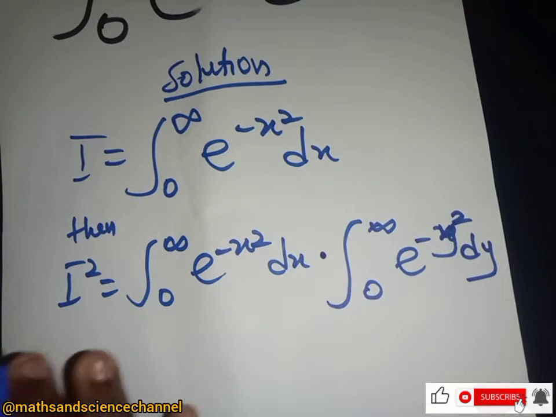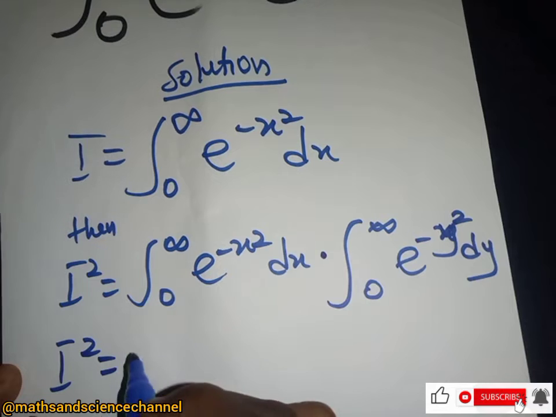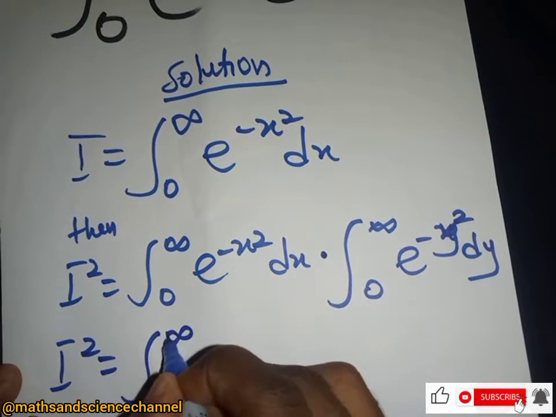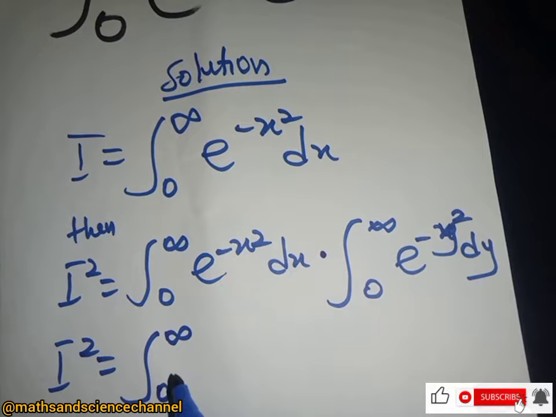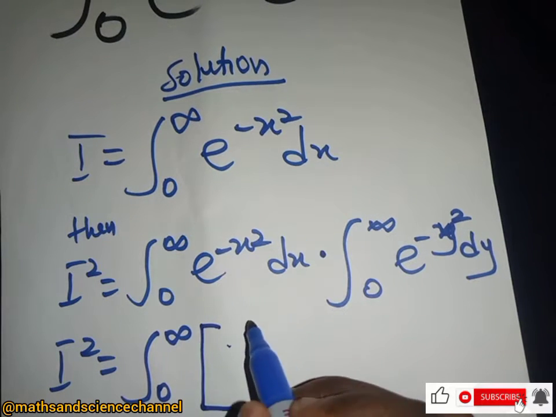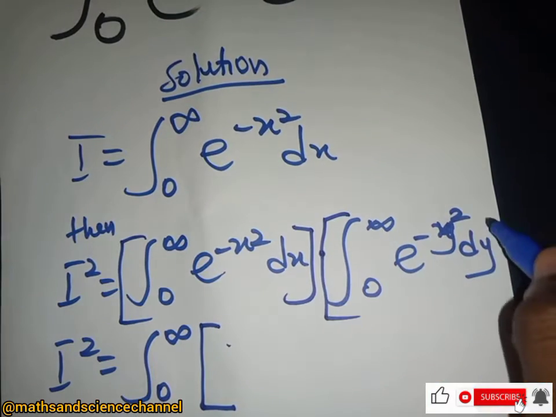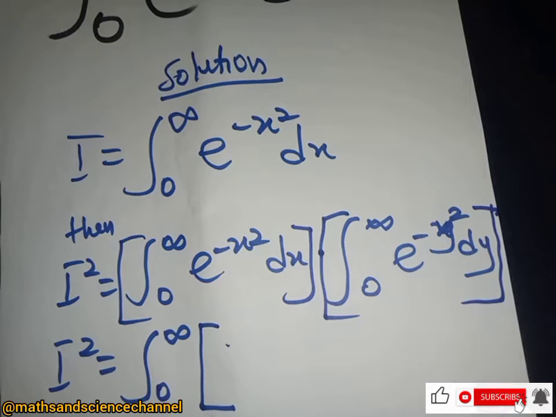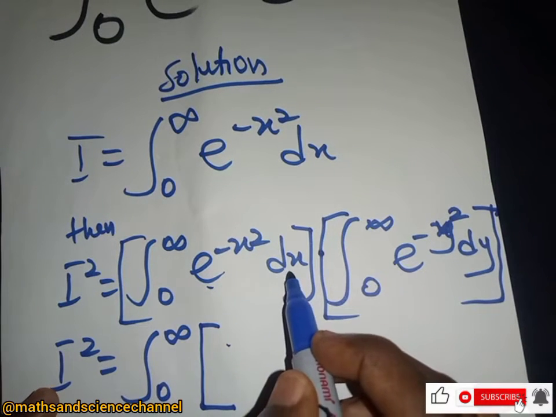So we have this double integral, we put them together, then we have I squared being equal to, so the first one is just your 0 to infinity here, and then since we have this and this also, right, we are just putting them together, but then we'll focus on this first.